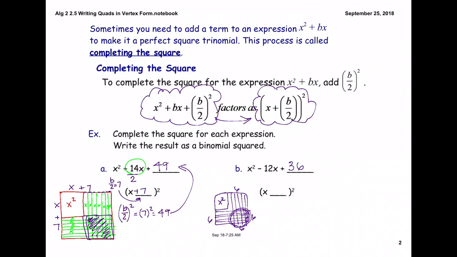So now let's do the algebra behind it. Negative 12 divided by 2 gives us a negative 6 in our binomial, and negative 6 squared gives us 36, which created our perfect square trinomial. So if you prefer to draw the picture, it will work every time.